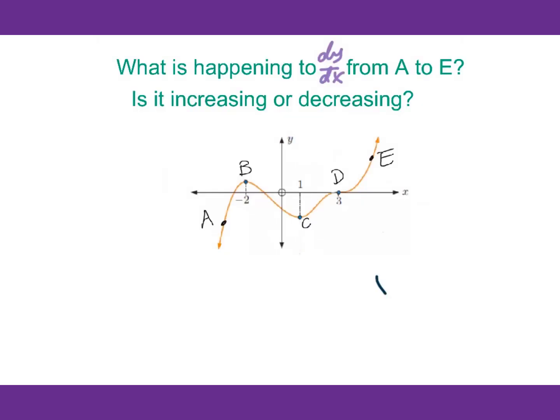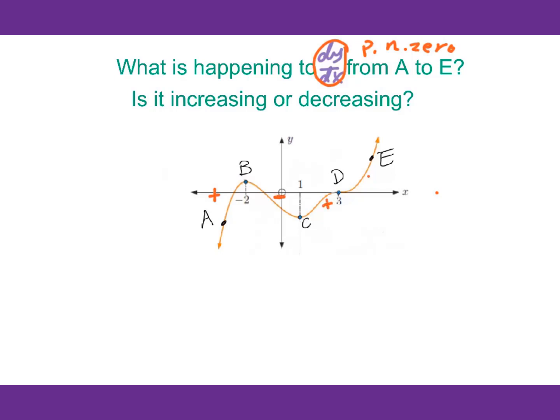For example, check this graph. What's happening to dy by dx from A to E? Is it increasing or decreasing? Remember, when you describe dy by dx, use positive, negative, or 0. So for A to B, that is positive because it's increasing. dy by dx from B to C is negative.